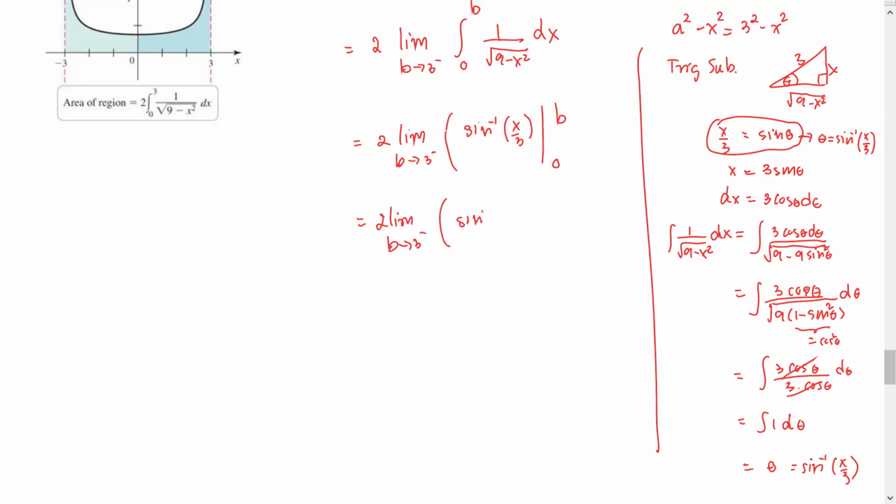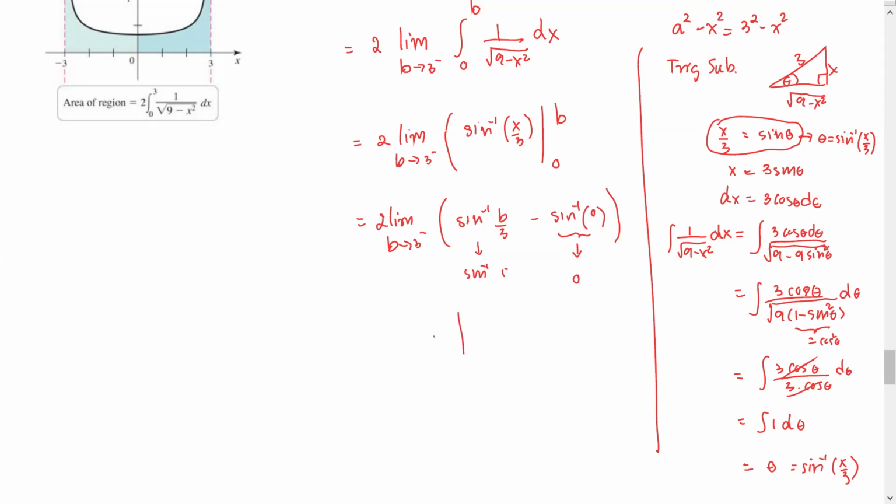Substitute the upper limit, the inverse sine of b over 3, minus the substitution using the lower limit, which is the inverse sine of 0 over 3, or just 0. The value of inverse sine of 0 is 0. For the inverse sine of b over 3, that approaches the inverse sine of 1 from the left.